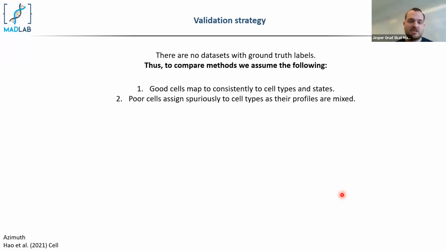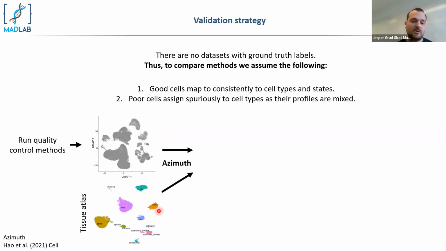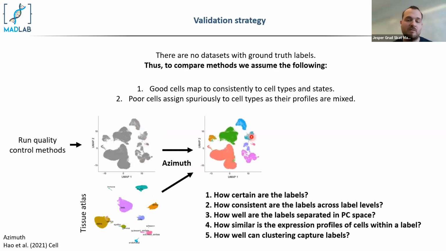So having these assumptions in hand, what we did is that we ran our quality control tools, which gave us cells that were putatively good. And then we took a tissue atlas. This is from the islets of Langerhans, for example. And we used Azimuth, which is a tool by the Satija lab, to transfer labels from the tissue atlas to the sample of interest. And then we ask several questions.